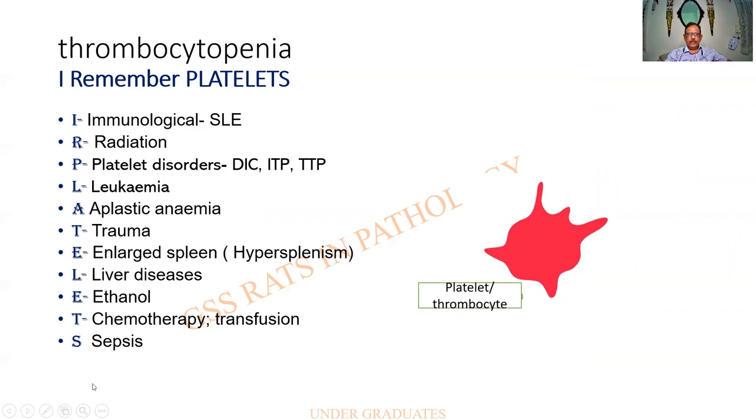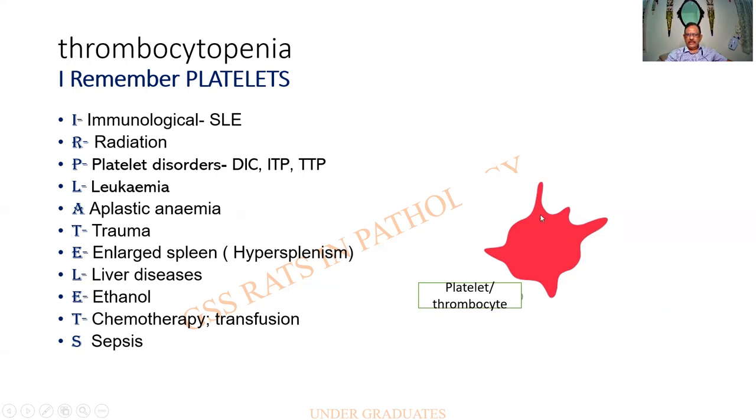I for immunological, which can be SLE, R for radiation, P for platelet disorders, which can be DIC, ITP, TTP, L for leukemia, all forms of leukemia except CML, A for aplastic anemia, T for trauma, E for enlarged spleen, which is active hypersplenism, L for liver diseases, E for ethanol, T for chemotherapy and transfusion, and S for sepsis. The T can be for treatment also. So all this is a mnemonic. I hope you people will be able to memorize it.